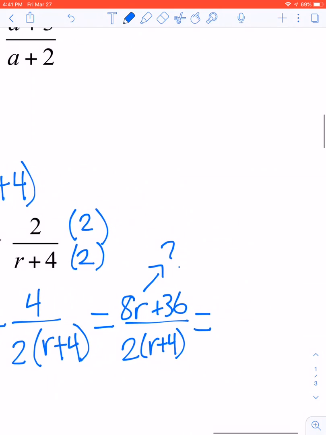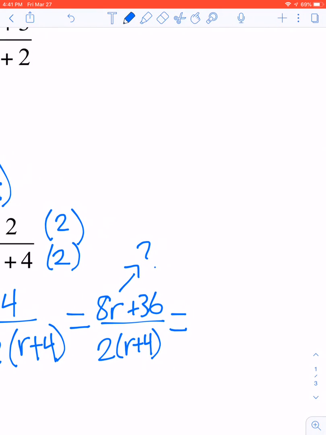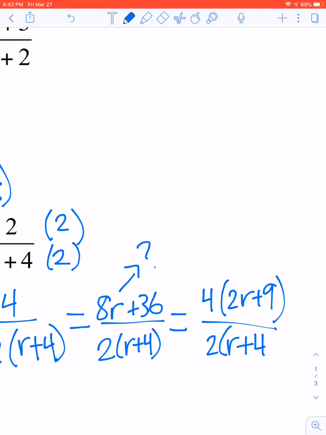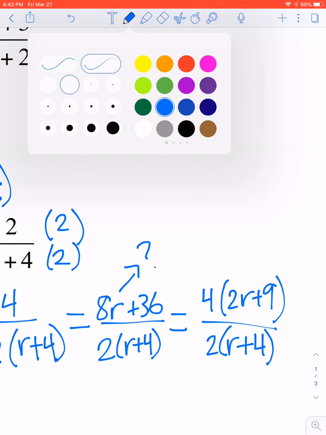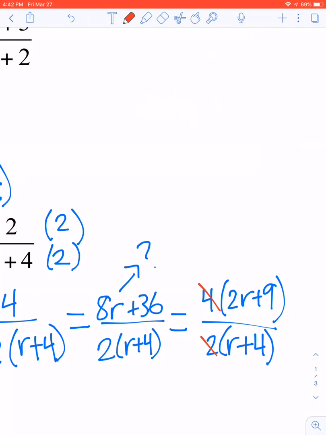What is the biggest thing that we can pull out of the top? It is a 4. We can pull out a 4 from the top and leave 2r plus 9 on the inside. And on the bottom we're going to leave it the same. That's why we don't multiply the bottom through. That's why we never multiplied this 2 through, because then we wouldn't be able to cancel it with this 4.